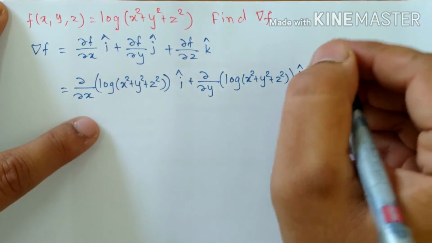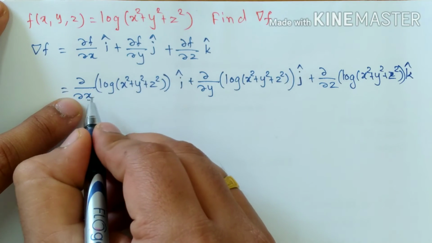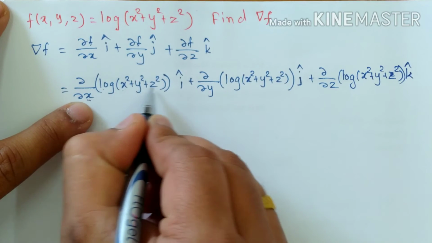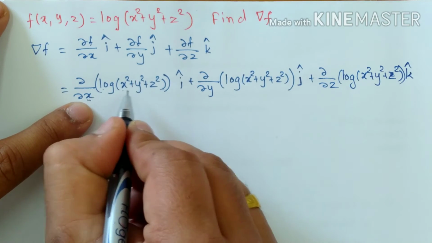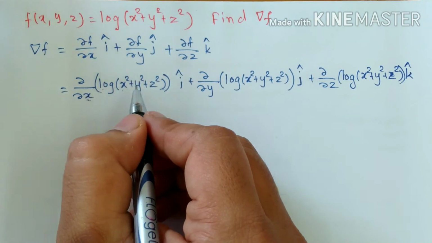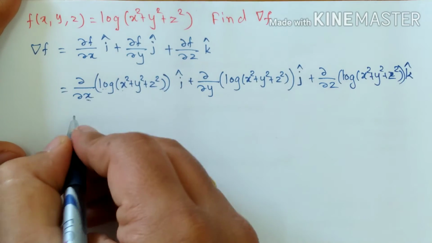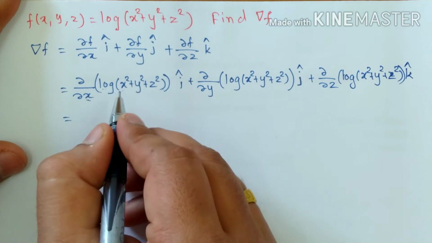Now, how to get these partial derivatives? It's very simple. See, I am taking a partial derivative with respect to x. Whose derivative am I going to take? The logarithm. Does the logarithm involve a term of x? Yes. If it did not, then the entire term would be treated as a constant, hence the derivative would be 0. But here, the logarithm involves x. So the derivative of log x is 1 upon x.